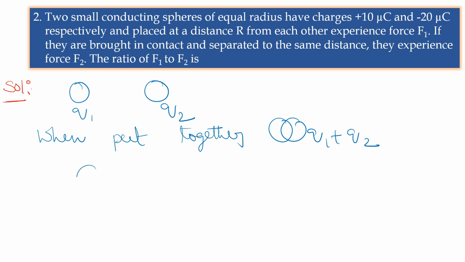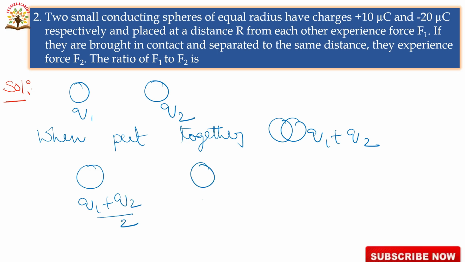After separation, one sphere has the charge Q1 plus Q2 by 2, and the other sphere also has the charge Q1 plus Q2 by 2. This is the condition after separation.